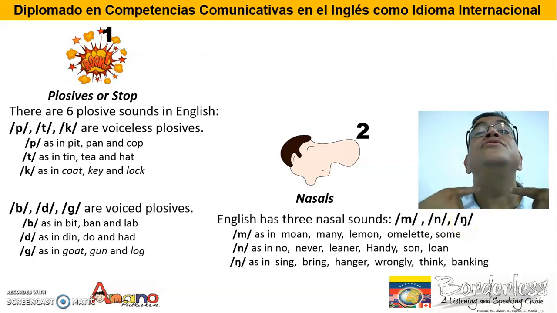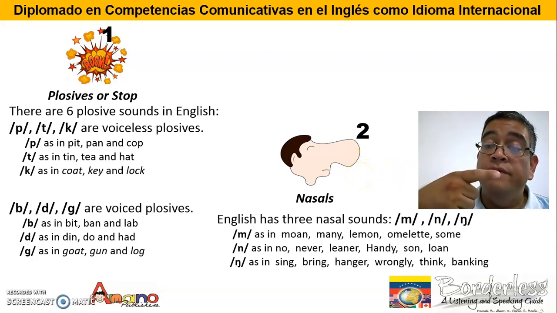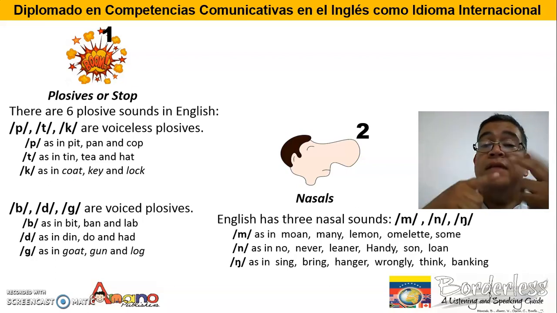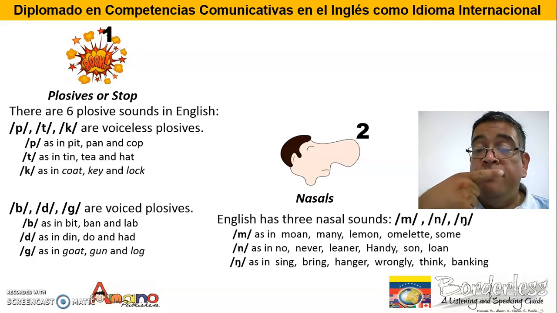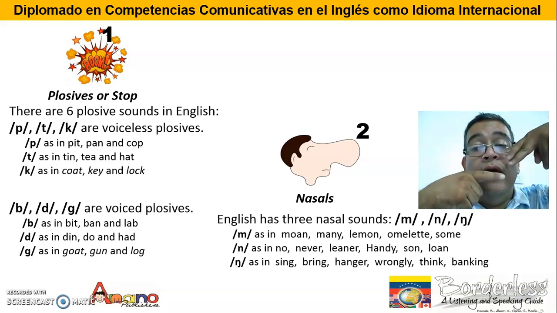The ng sound is produced here in the glottal part of our vocal device. How can you feel they are nasal sounds? Well, you can do the same. You can put this finger, wet it a bit, or maybe put some saliva here, and then make the sound so you can feel the air.